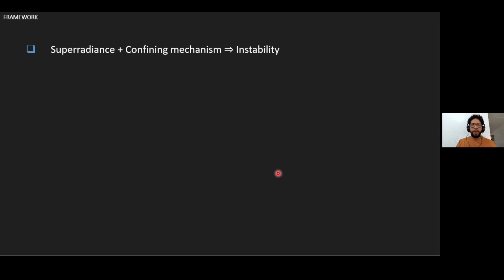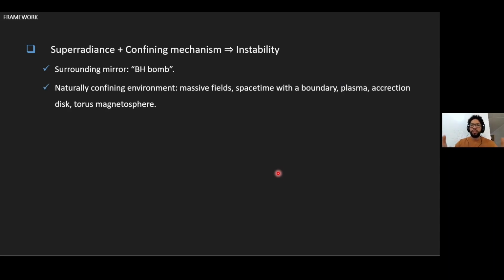Well, we may combine superradiance with a confining mechanism in order to force the waves to continuously interact with the black hole, and then exponential growth arises, which means instability. Such configurations can be obtained by imposing a surrounding mirror on the black hole, which is an artifact known as the black hole bomb, or in more naturally confined scenarios, such as in the case of massive bosonic fields, spacetimes with a boundary, plasma, accretion disk or torus magnetosphere.